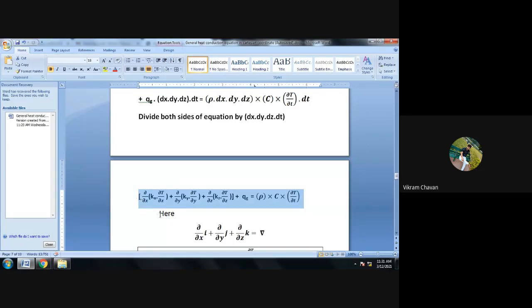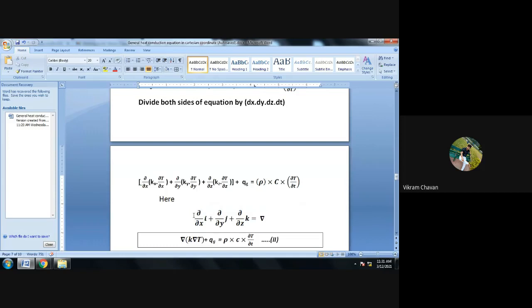Further, we know some vector rules. If you consider the differentiation of i with respect to x, plus differentiation of j with respect to y, and differentiation of k with respect to z, this provides you a del operator. Our equation will become much more compact if you use this del operator.